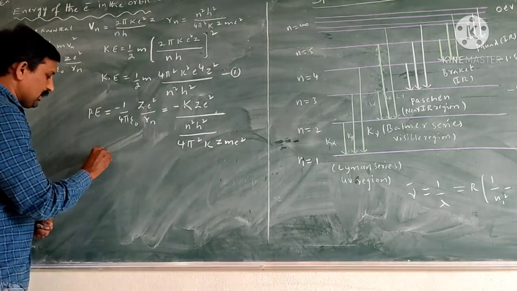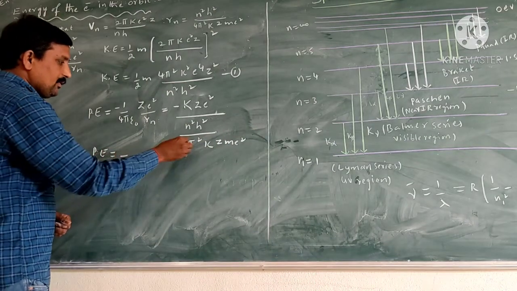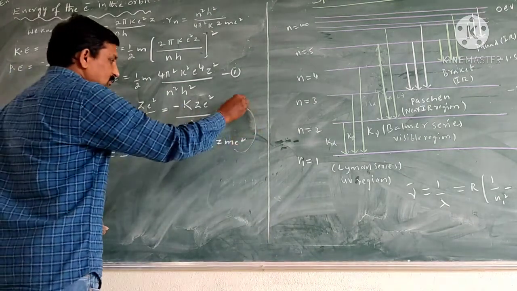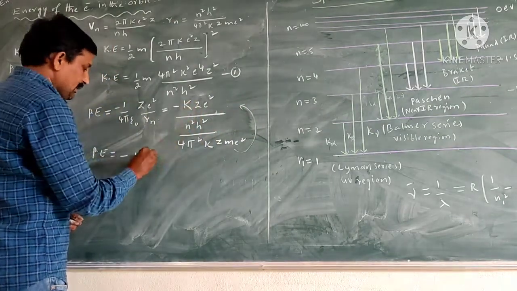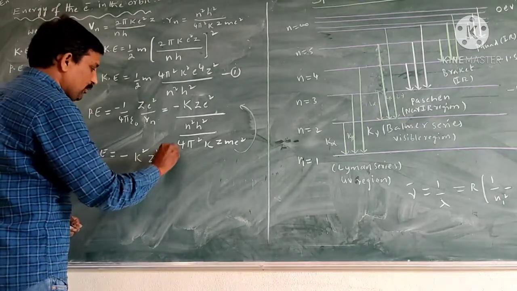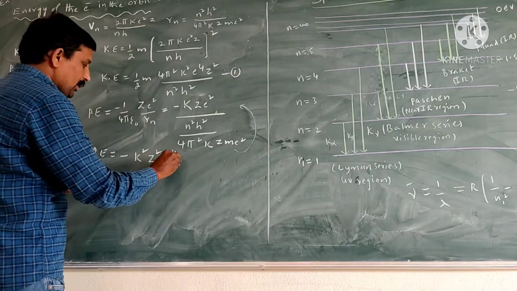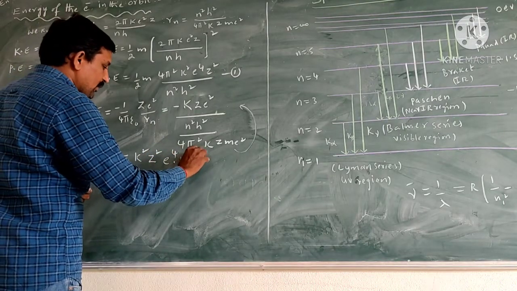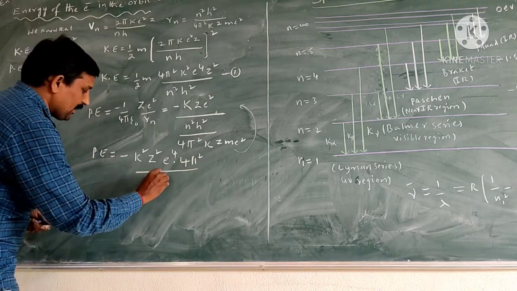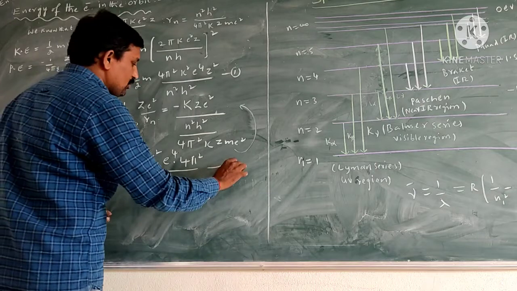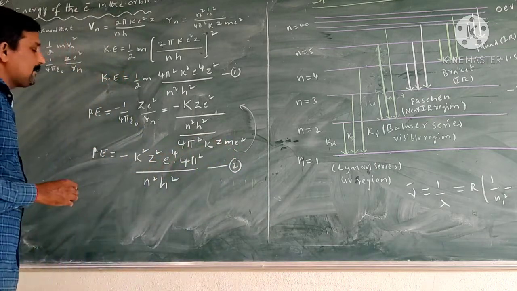So potential energy is equal to minus 4 pi square k square z square e power 4 divided by n square h square. This is equation number 2. This is the potential energy.